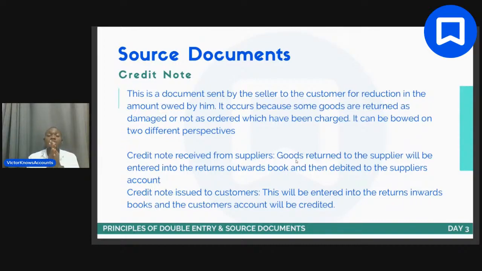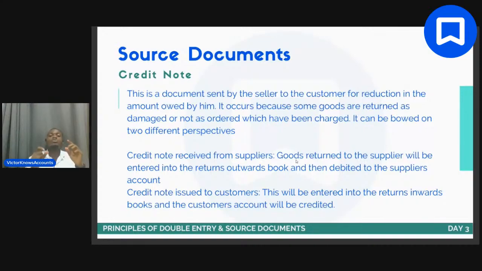And the reason is so that a correction can be made. And what correction is to be made? A reduction in the amount owed by him. So when you think about a credit note, you think about the document that you have received or that you issue.